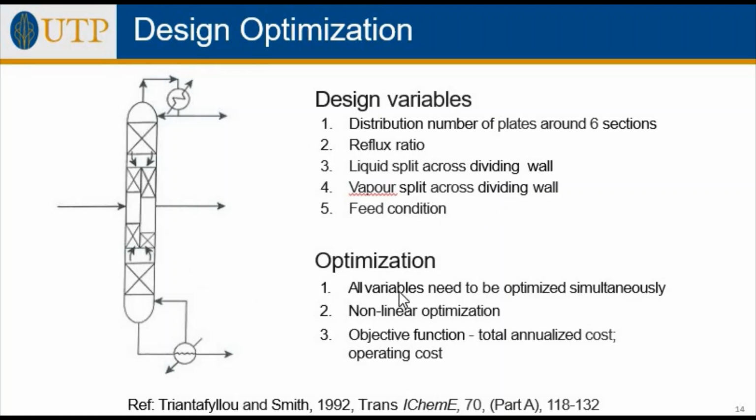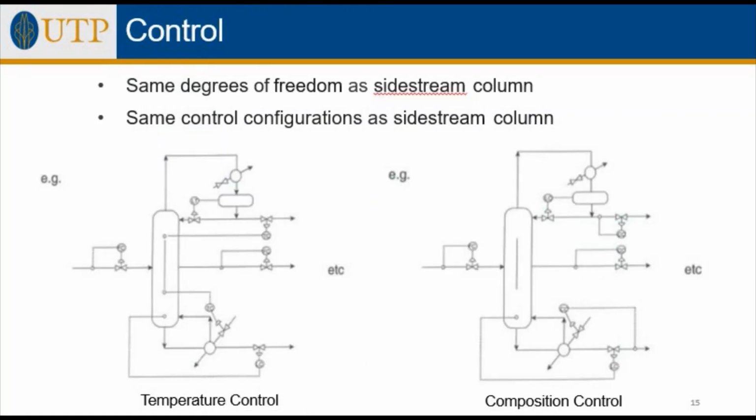For the optimization, all variables need to be optimized simultaneously, and it is a non-linear optimization, and the objective function is total annualized cost and operating cost. For designing the dividing wall column, it will have the same degrees of freedom as a side stream column, as well as the same control configuration as a side stream column.